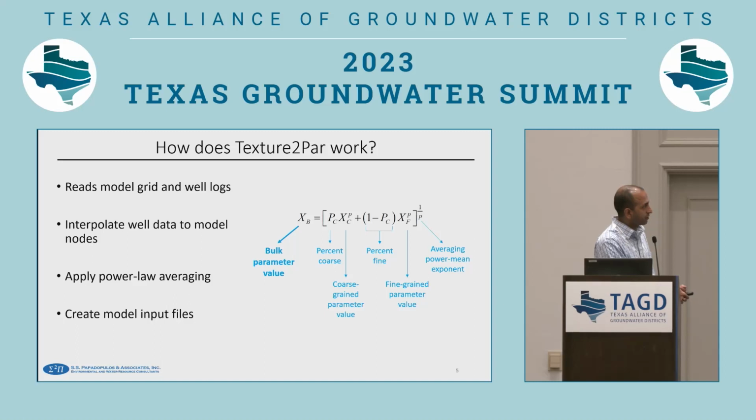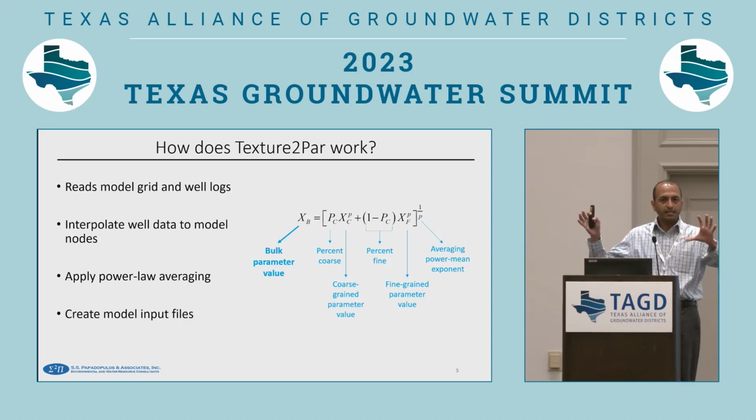What is your hydraulic conductivity for a fine-grained material on an aquifer scale? You average those two, and it's not a straight arithmetic average. It's something called power law averaging, and we'll talk about why this is important in the next slide. This P is another term that comes in. It all goes into that calculation, and you get a bulk parameter value at a model scale.